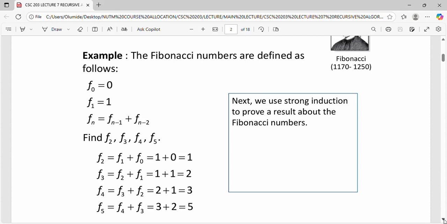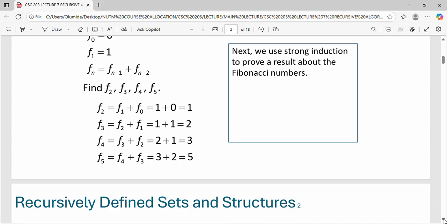So based on the initial value we're given and what f1 is, f2 is equal to f1 plus f0. That is 1 plus 1. f3 is f2 plus f1, 1 plus 1 again, we have 2. Then f4 is f3 plus f2, and on to f5. So that is how the Fibonacci sequence works.